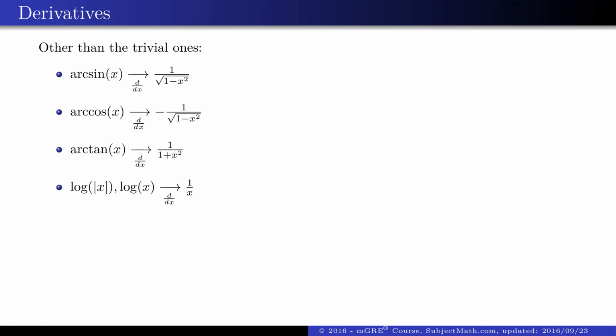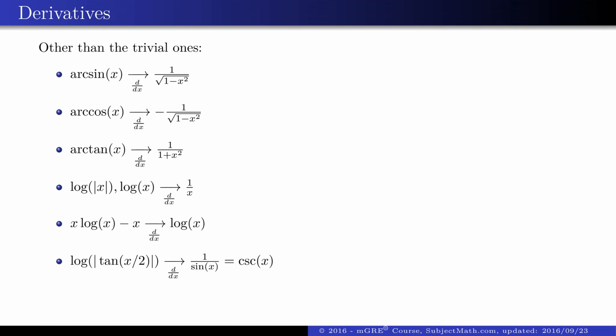Log gives us some must-remember antiderivatives. The antiderivative of log and the antiderivative of 1 over sine, aka the horrifying name cosecant function. By the way, 1 over cosine is secant.